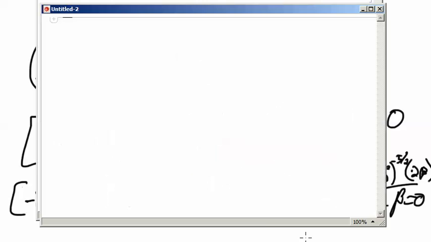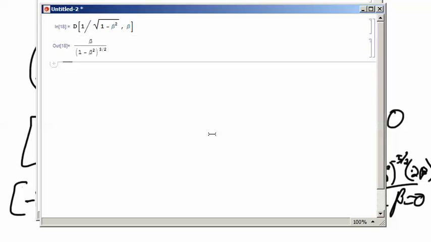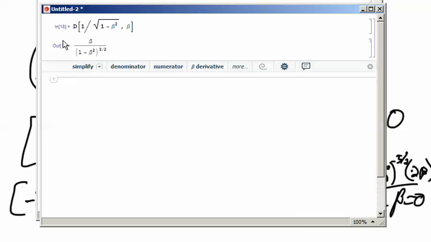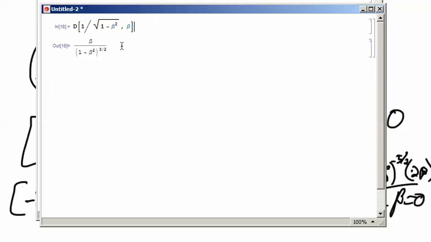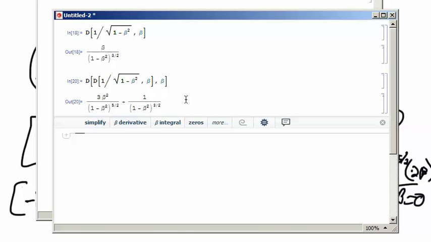Well, why don't I be honest with myself and say the chances of me getting this right by hand is very close, but the chances of Mathematica getting it right are quite a bit higher. Here is the derivative of 1 over square root of 1 minus beta squared. And here is the second derivative of that same thing.